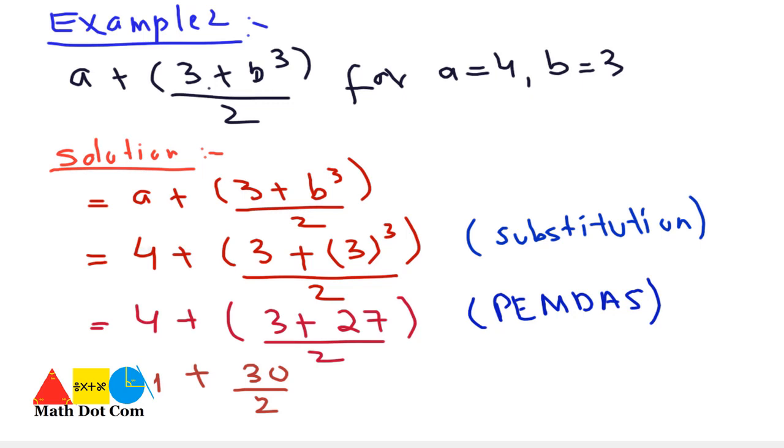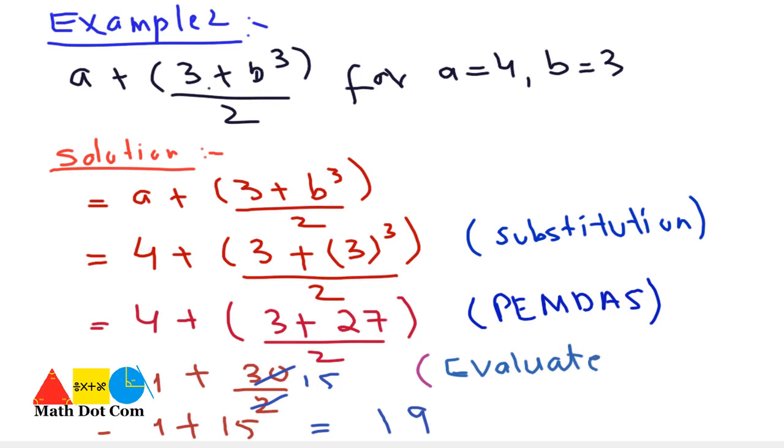Then we do the division first: 4 plus 15, as two 15s are 30, and then the answer is 19.